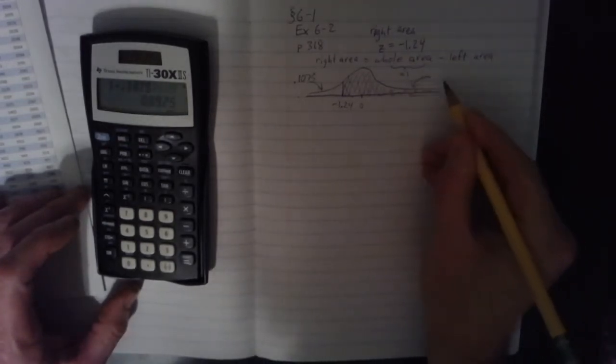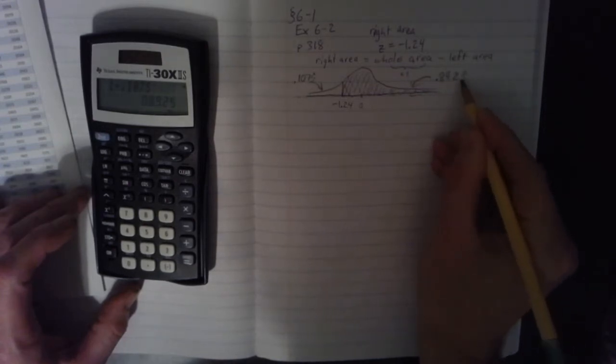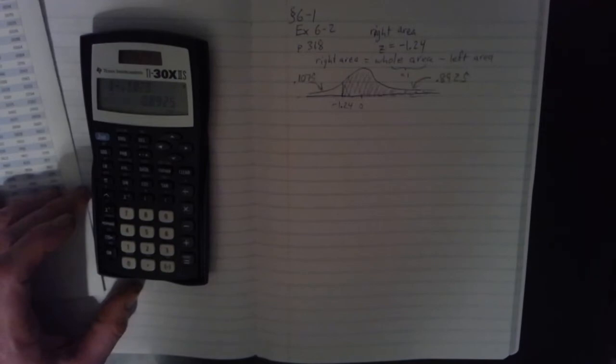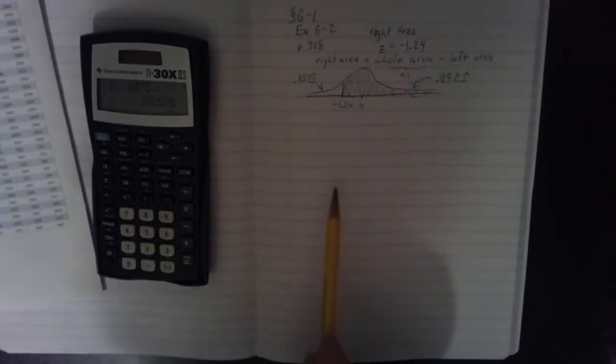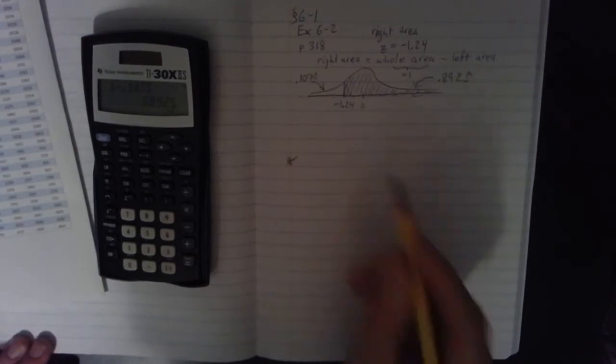So this area here is 0.8925. We'll do one more quick example, and then I'll come back and show you a pro tip. So we'll revisit this one in just a second.